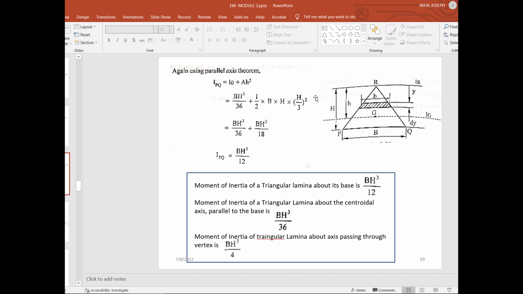For Ipq as well as IR, it is equal to Ig plus A h square, right? So Ig will always be a single value, plus some parameter will be there for any axis other than the centroidal axis. So it depends on the square of the distance. The distance is increasing by square times, and it also has some implications on the area.